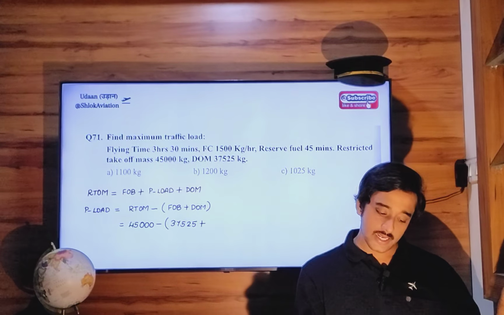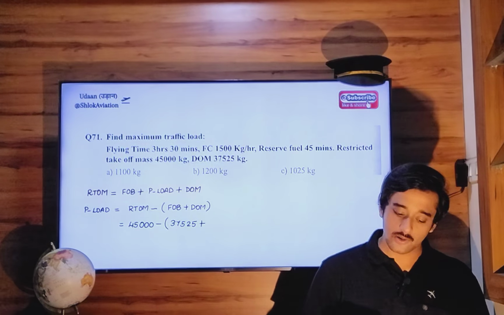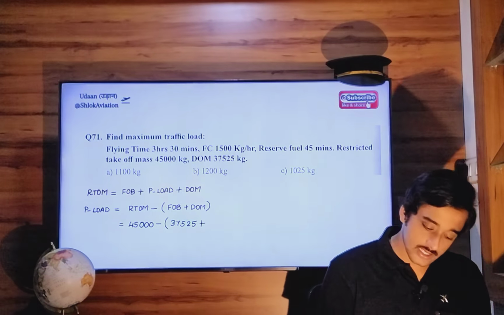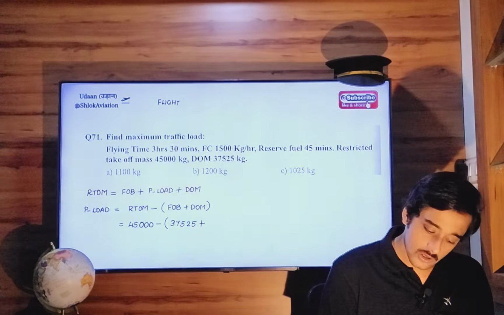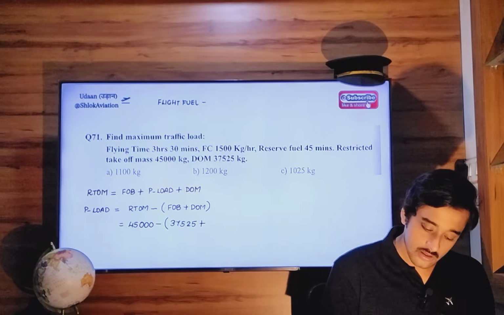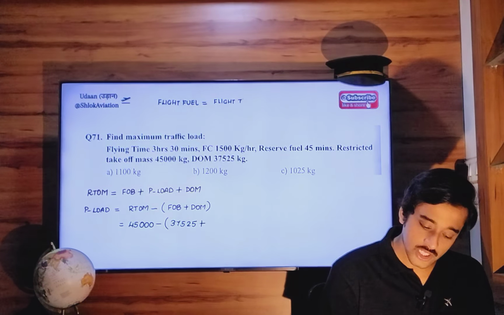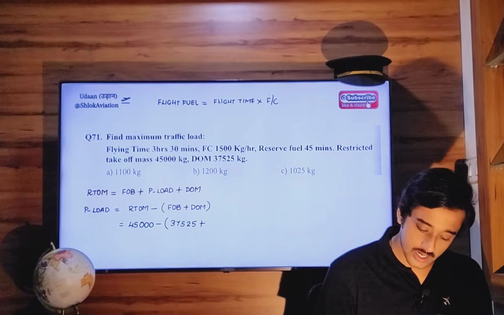Now, the flight time is 3 hours 30 minutes. Fuel consumption rate is 1500 kilogram per hour. So flight fuel or trip fuel will be equal to flight time, the duration your flight is going to last, multiplied by the fuel consumption rate.